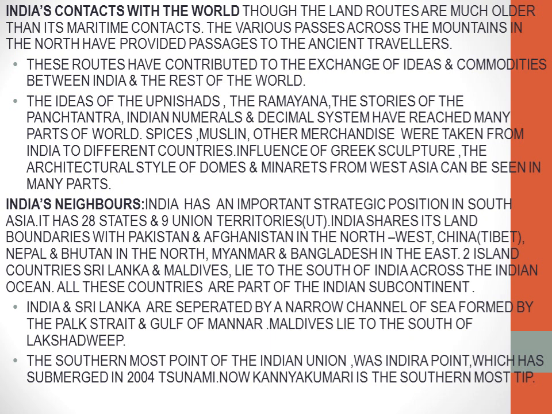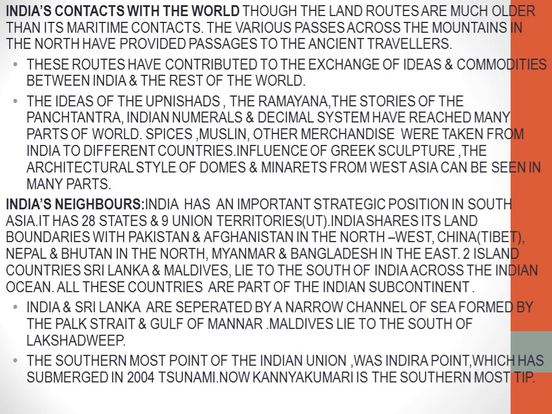Now these land routes contributed to the exchange of ideas and commodities between India and the rest of the world. We can understand this concept by this: the ideas of the Upanishads and the Ramayana, the stories of the Panchatantra, and our numerical and decimal system reached various parts of the world.